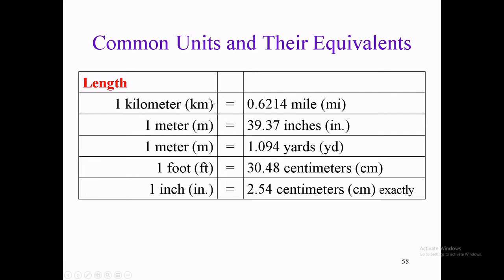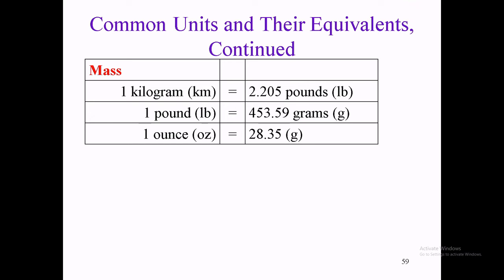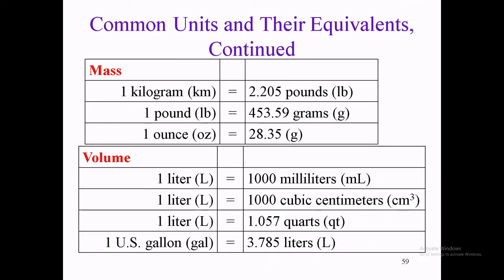So if I'm given a value in kilometers and I want to know how many miles it is, I need to know that 1 kilometer is equal to 0.62014 miles. I'm not going to go through all of these, but I am going to provide them here so that you can take a look at them and refer back to them as we're doing problems. These are various conversions that it's going to be useful for you to know, or at least be able to refer back to later.